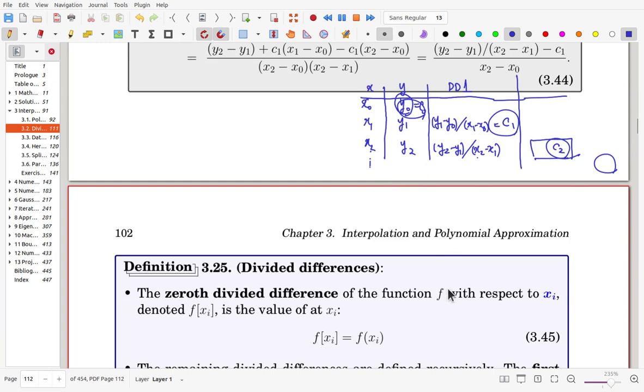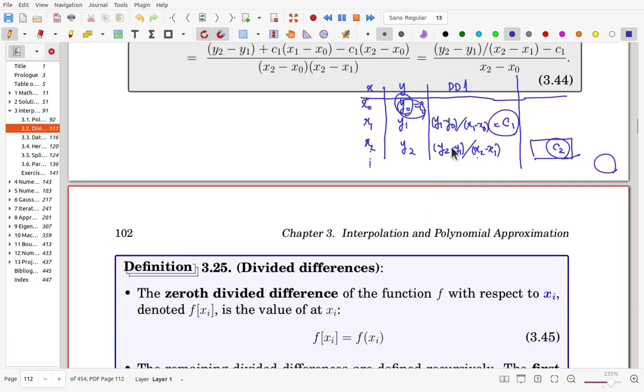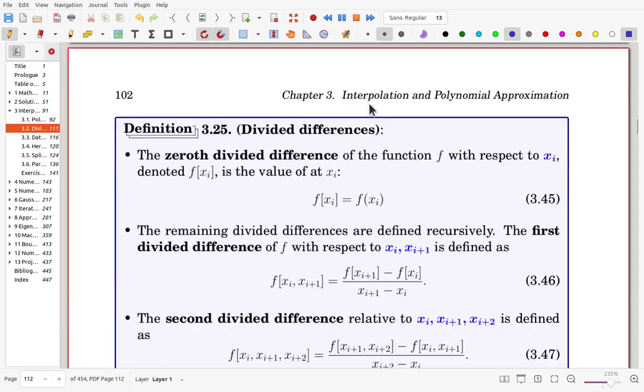For the f value, we may use y here. Now the first divided difference of f with respect to xi and xi plus 1 is defined as this. For example, with respect to x0 and x1 it can be made of this, so that is the first divided difference with respect to x0 and x1.